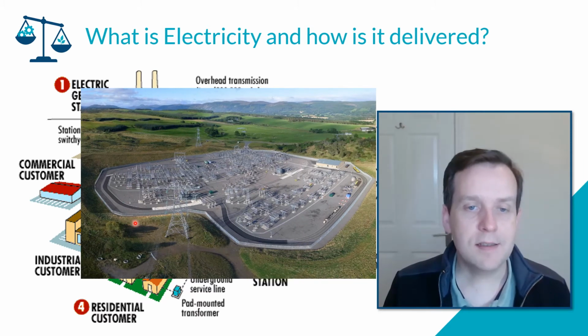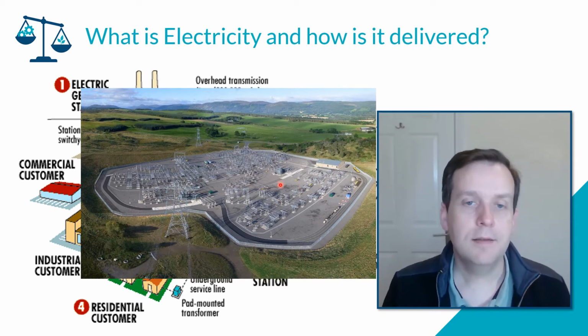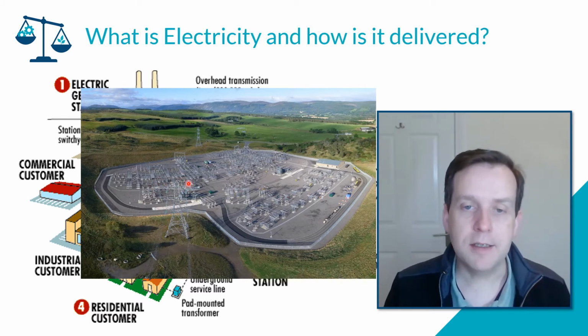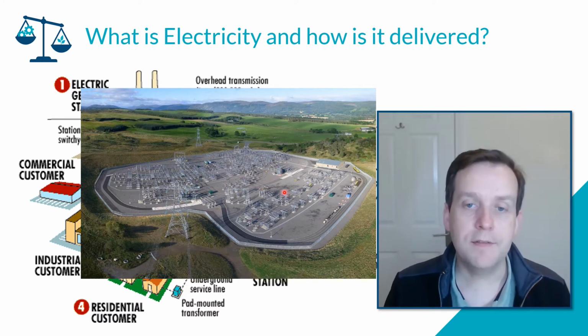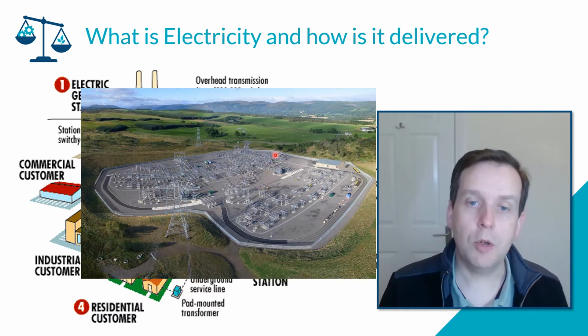Then this is an example of an electricity substation. Along the overhead lines you'll find across the country very large substations, which are effectively a distribution board for the country. You may have multiple circuits coming into a substation and many more leaving. It allows National Grid to switch out an overhead line for maintenance and switch in another, and also act as an interface to distribution network operators.